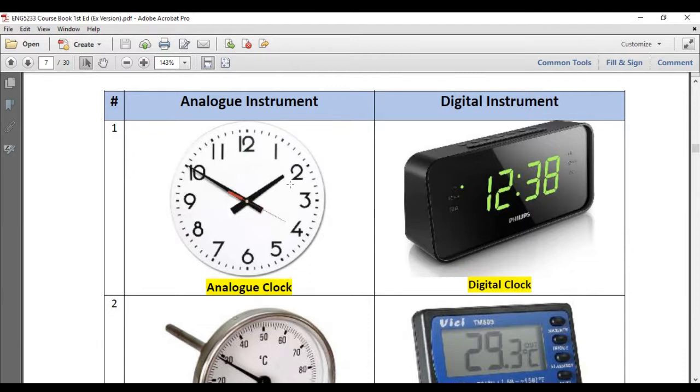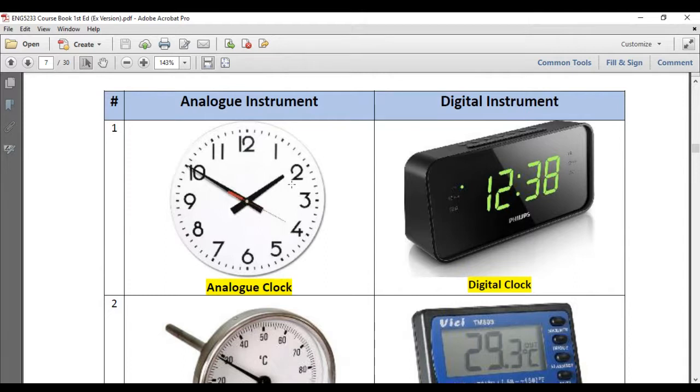On an analog clock, you see a scale, a fixed marking on the display, and there are some needles. You call them hands, hour hand and minute hand and second hand, which move on that scale. And by reading the hour hand or the minute hand, you can tell the time.